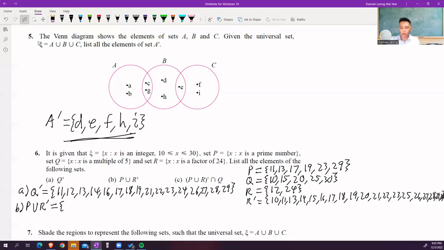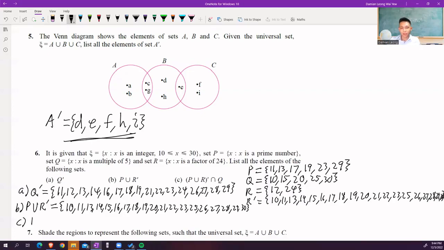So there's no extra elements. 10, 11, 13, 14, 15, 16, 17, 18, 19, 20, 21, 22, 23, 25, 26, 27, 28, 29, 30.